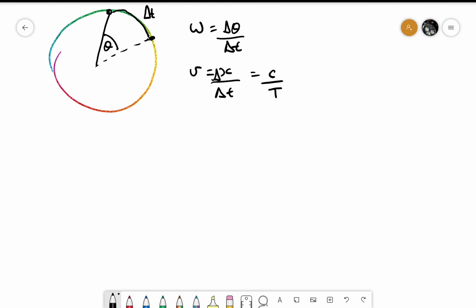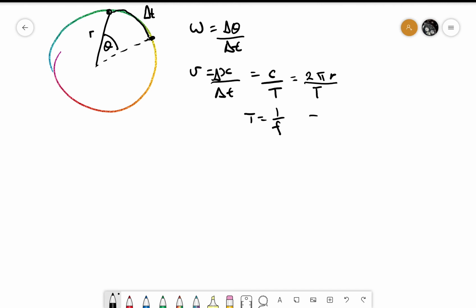So the time for one complete revolution of an object in a circle is the period time, and that's given the symbol capital T. Now we all know the equation for the circumference of a circle, 2 pi r, that's the radius of my circle, over T. We might also remember that T is equal to 1 over the frequency.